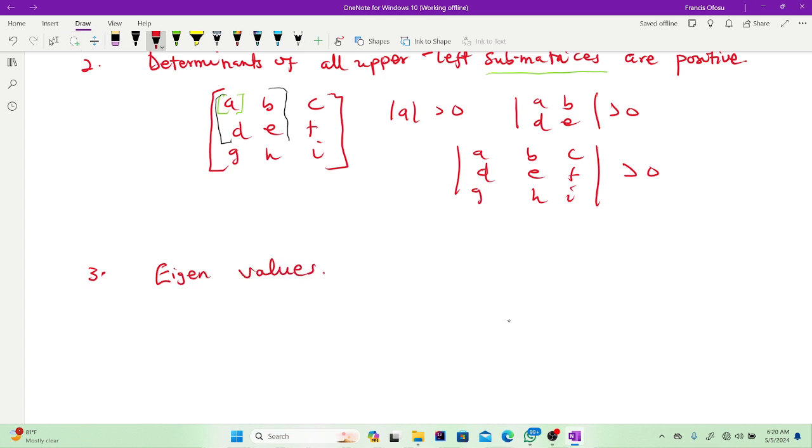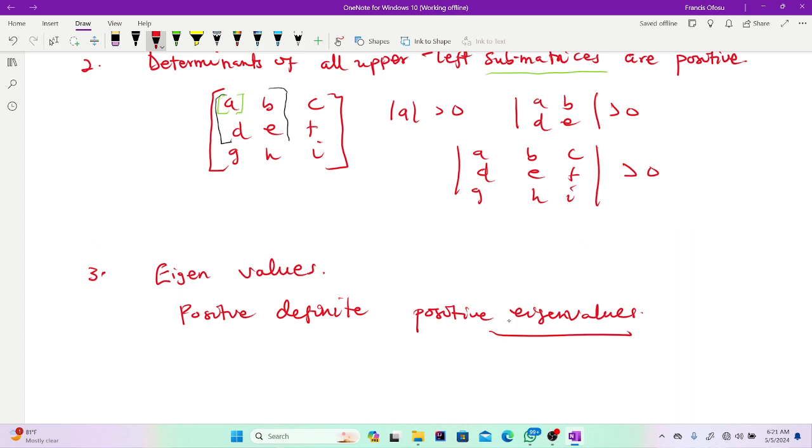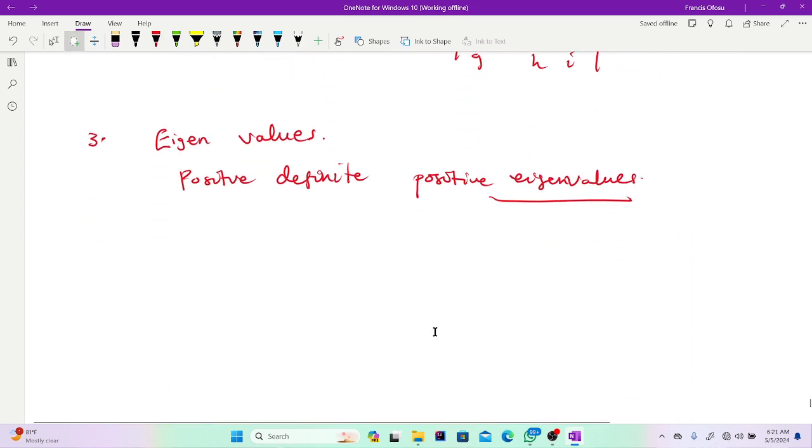What we are trying to say is every positive definite matrix has positive eigenvalues. So you can find the eigenvalues of the matrix, then after you compare, if they are all greater than 0, then you can say the matrix is a positive definite matrix, right? So these are the few criteria.